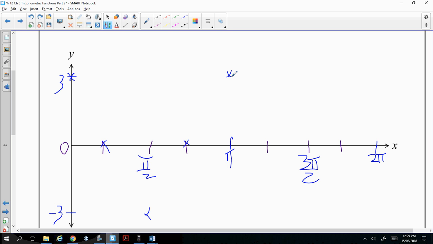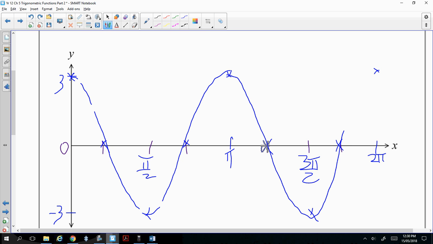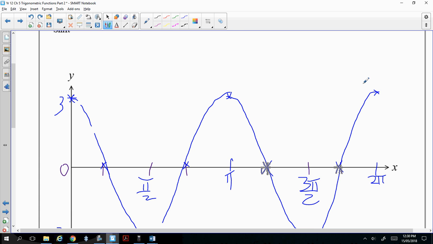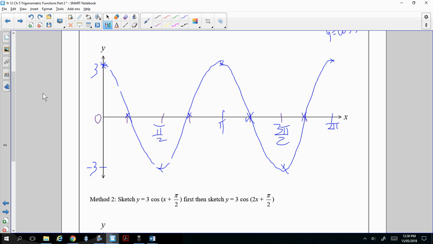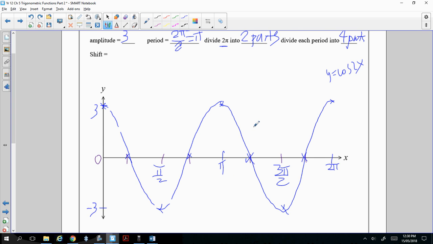Right, so that's the cos 2x graph, y equal to cos 2x. Okay, good. So draw the cos 2x first. I'll give you 1 minute, and then we'll go through the graph we're going to draw.